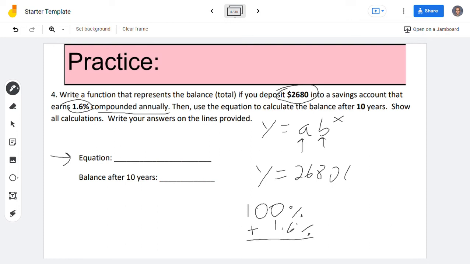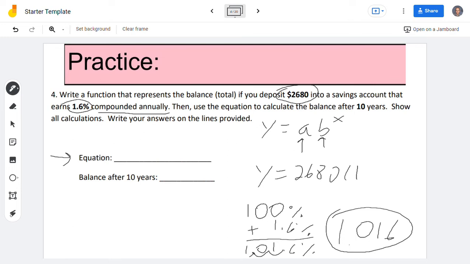So that would give us a total when we're done of 101.6%. We need to change that to its decimal form. So dividing by 100 to get that into decimal form moves this decimal over twice. That would get us a decimal form of 1.016. And that is what we're going to use for our multiple.